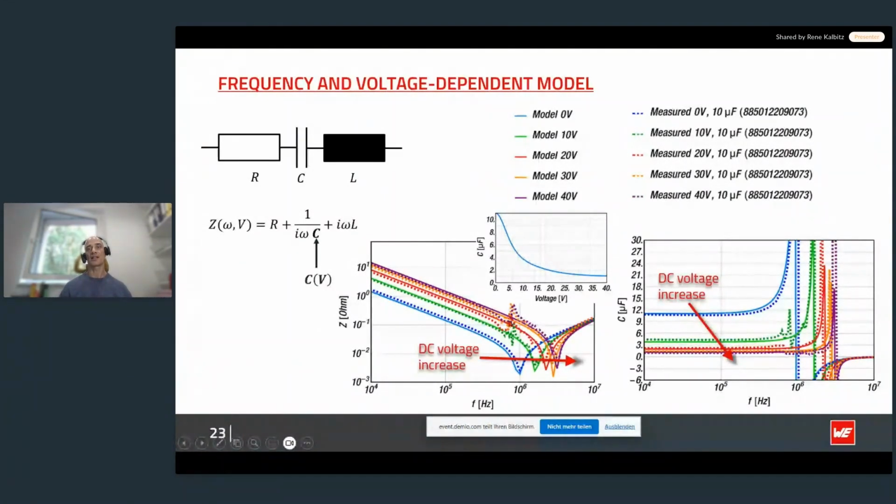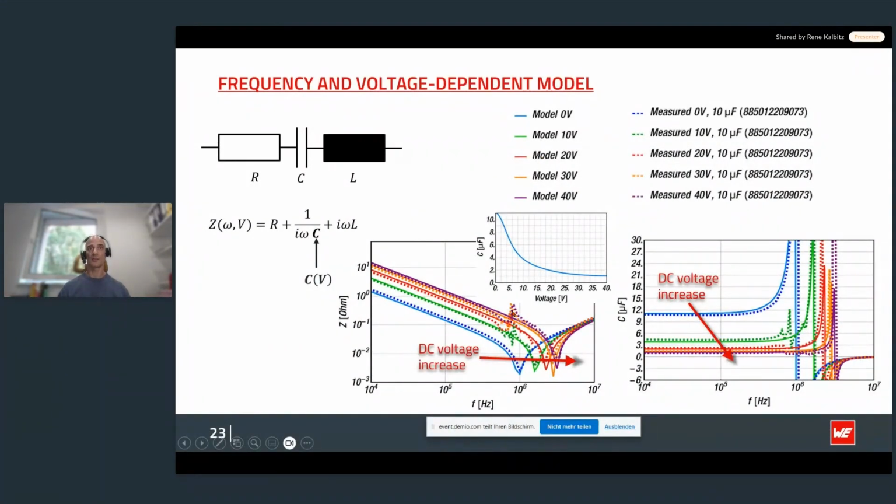The dashed lines are the measured data from different voltages. It is actually the same set of data I have shown to you at the beginning of the talk. And the straight graphs are the predictions of the RCL model with the voltage-dependent capacitance, the model which I have just introduced to you.